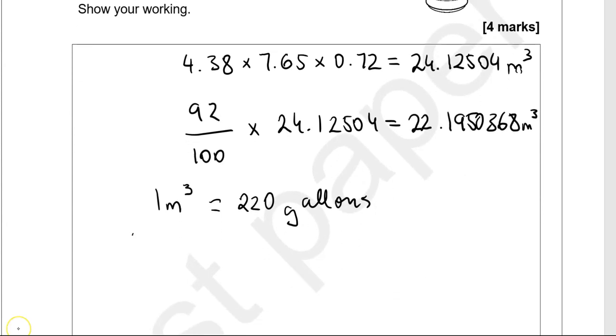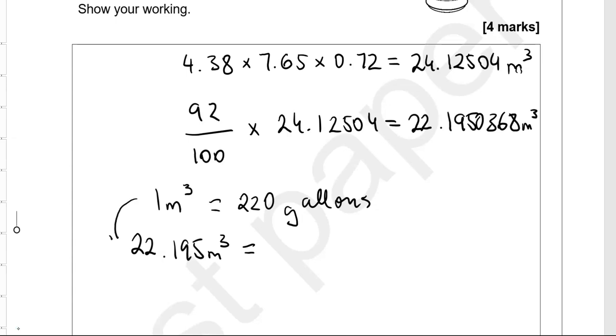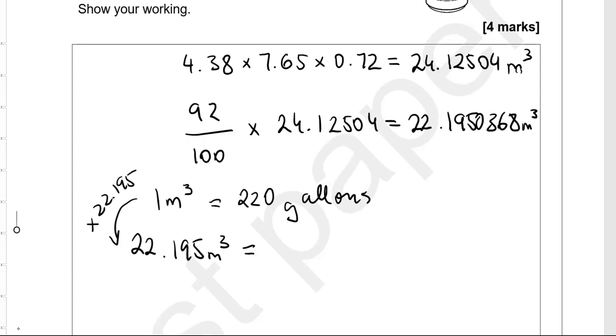What about 22.195? Just going to round it to 3 decimal places. Cubic meters. So to get from 1 to 22.195, we multiply it by 22.195.